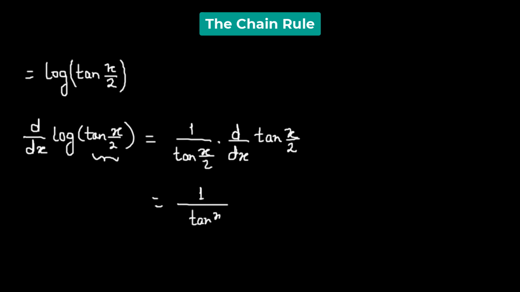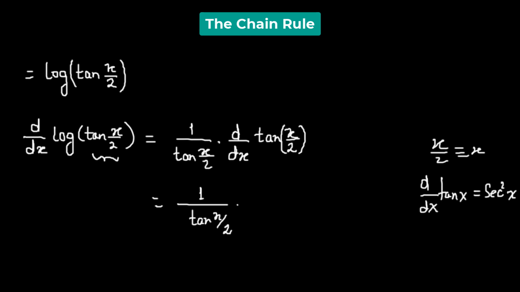times the derivative of the tangent function, which is secant squared x, but here we have x over 2. So that means we are going to assume that x over 2 is equivalent to x, then the derivative of tangent of x is simply equal to secant squared x. So we have secant squared x over 2 times the derivative of x over 2.